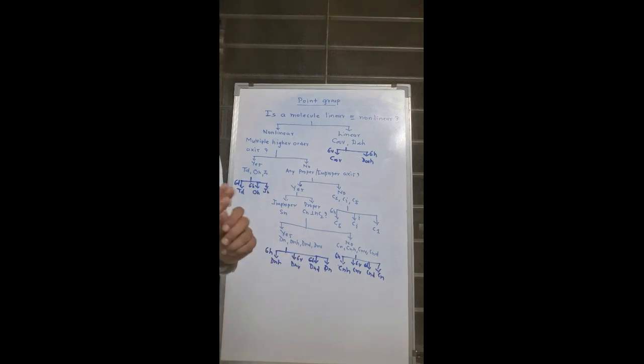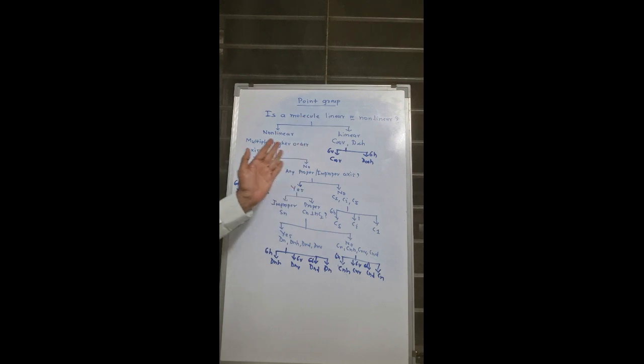So dear participants, first of all we have to make a first question: linear or non-linear? And then if it is linear, then sigma v or sigma h. Otherwise we have to go for the next questions. So let us start with the first example, carbon dioxide.